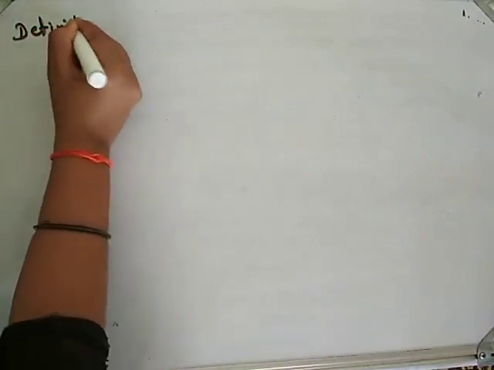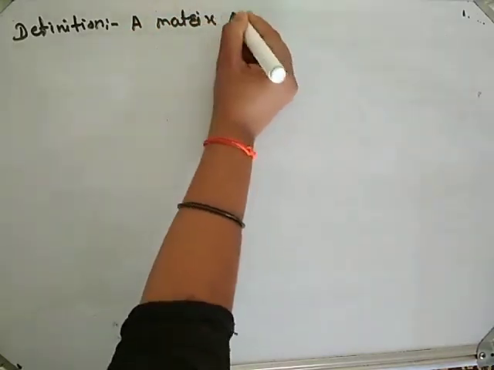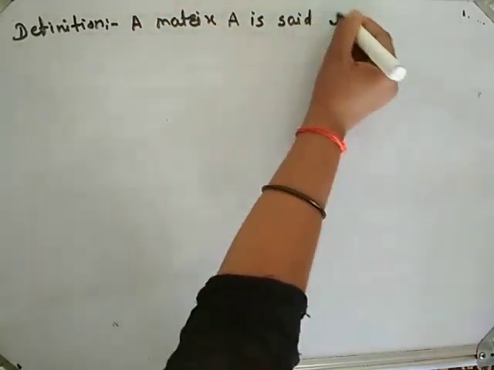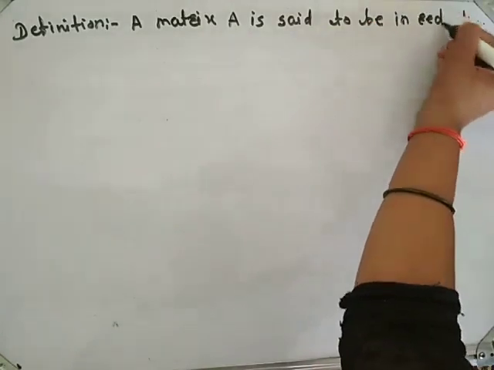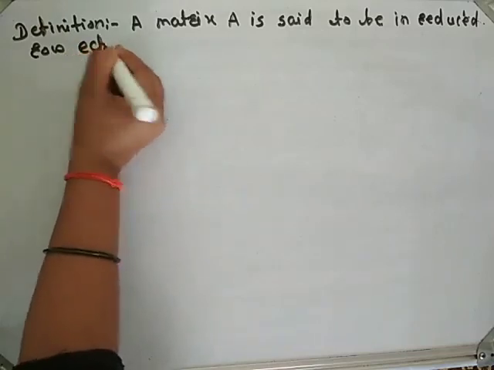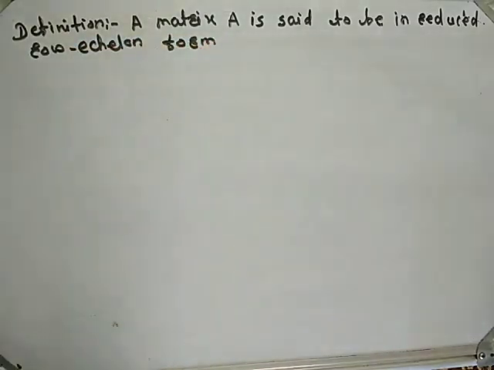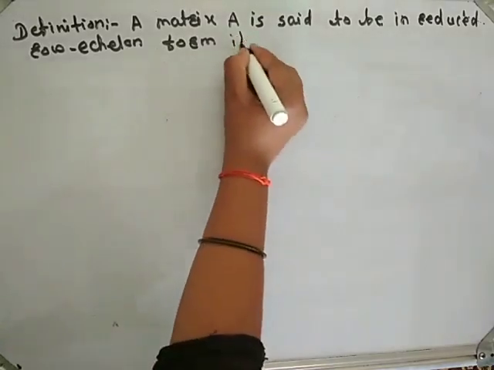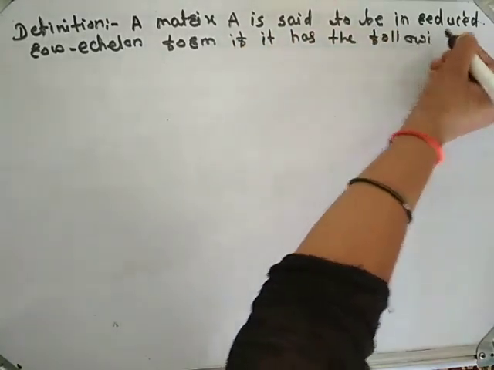Let us take one more definition. A matrix A is said to be in reduced row echelon form if it has the following properties.